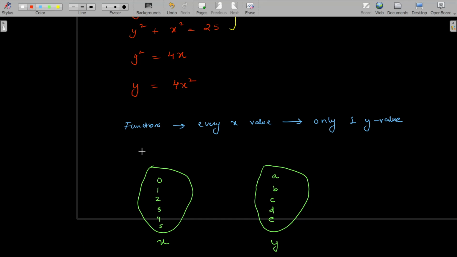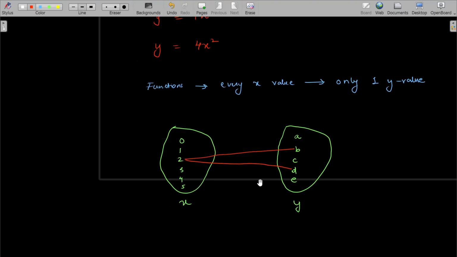And if you see, there is one number 2, it is getting mapped to two different y values. So in this case, this is a relation, but it's not a function. That's the only difference between relations and functions. Whenever you have one x value getting mapped to two different y values, then it will not be a function.